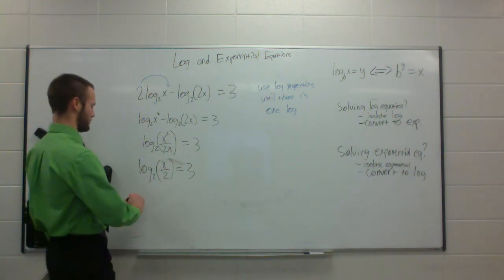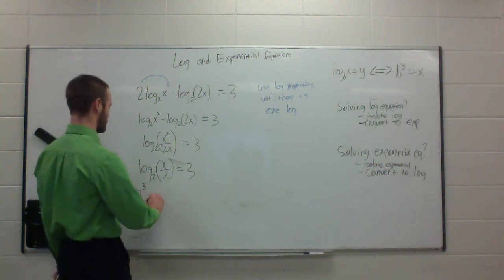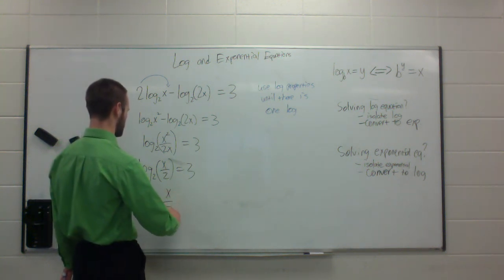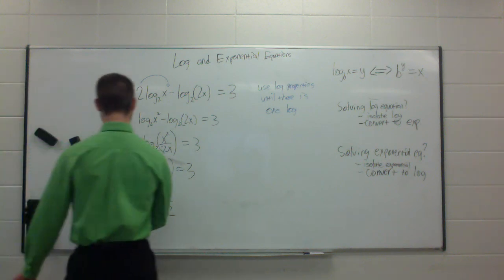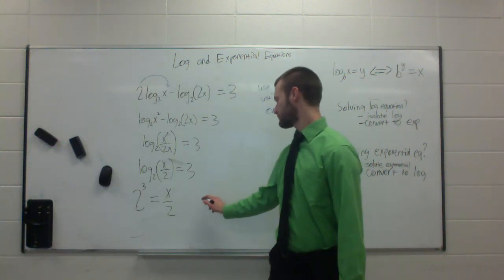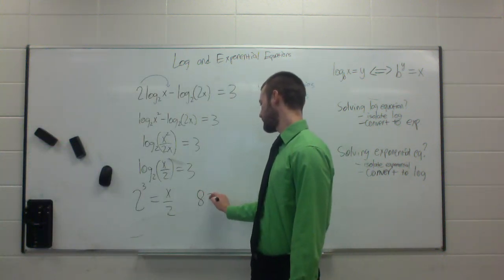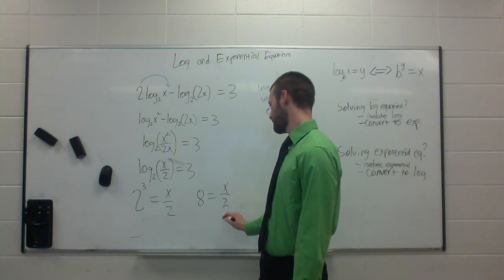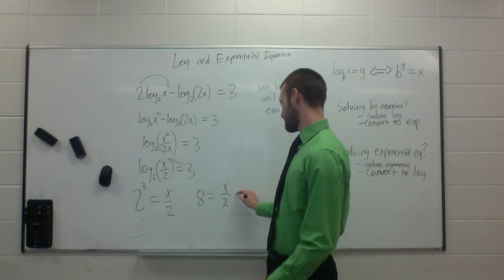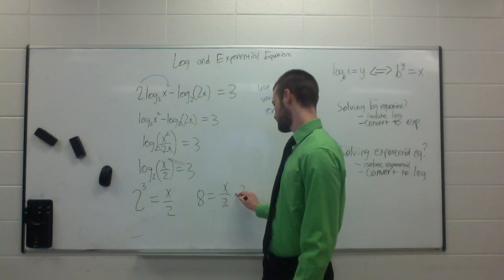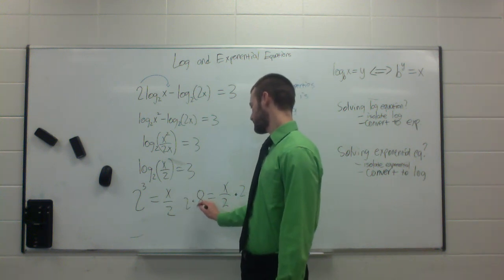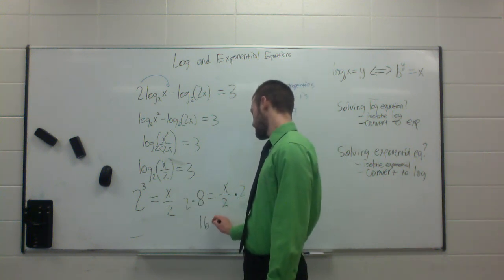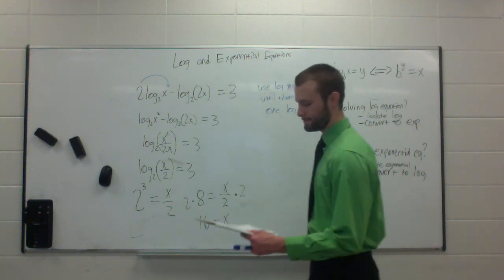Now I'll convert it to exponential form. So I have 2 to the third power equals x over 2. 2 to the third power is 8, right? So we have 8 equals x divided by 2. Multiply both sides by 2. And I get 16 equals x.